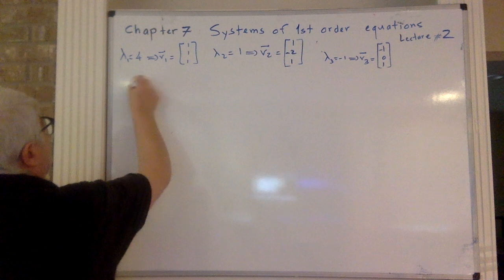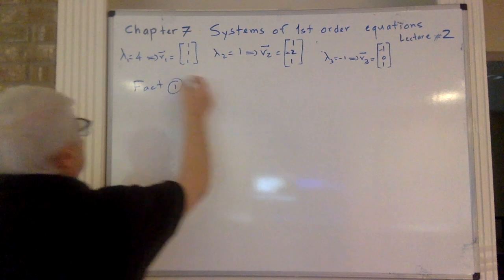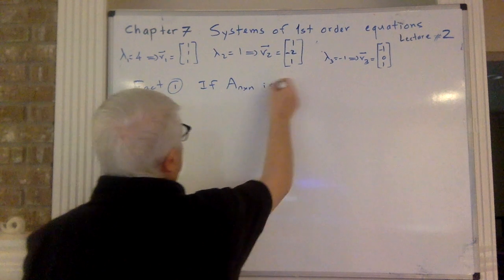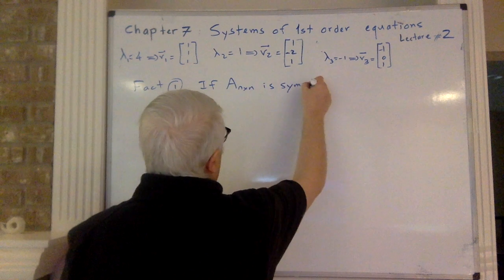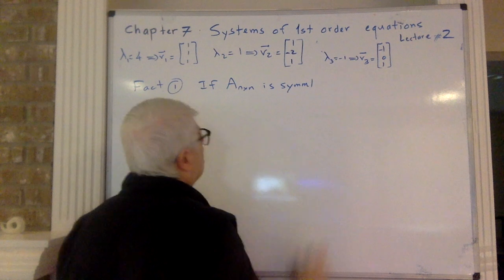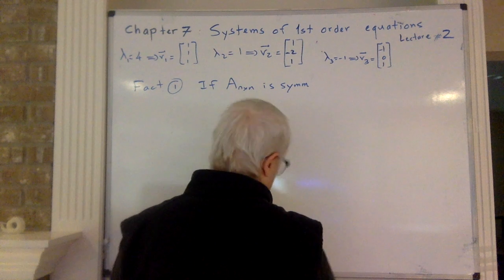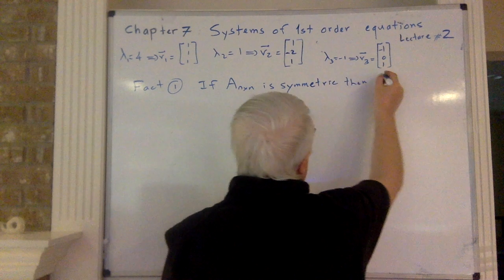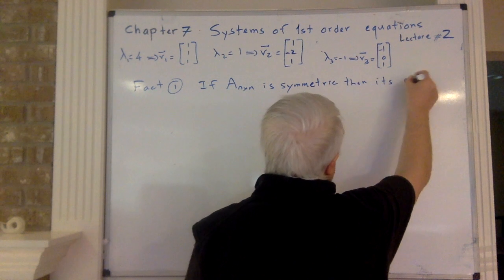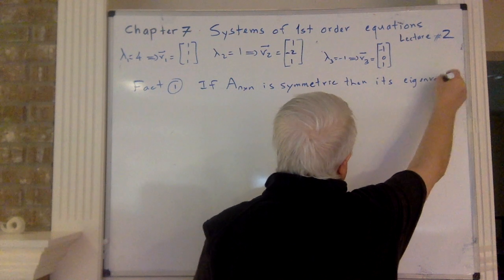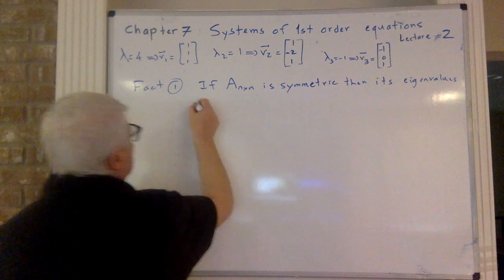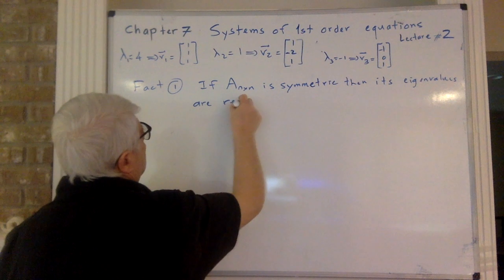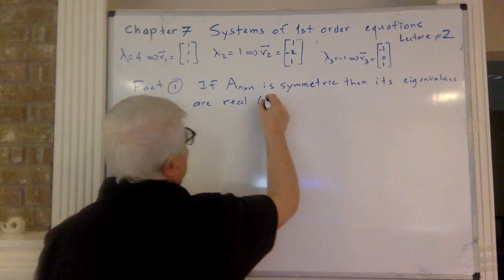So fact 1: if A, n by n, is symmetric, its eigenvalues are real, with no imaginary parts.